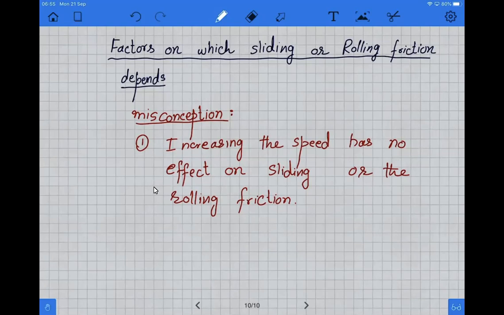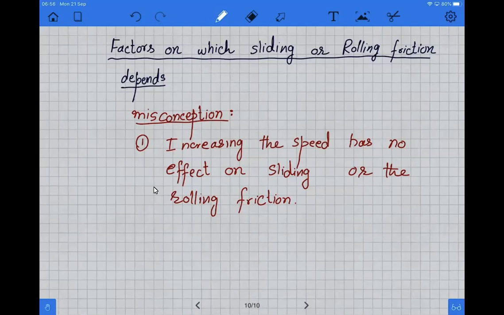That effect of overheating or burning out in the tires is generated because of the high speed that results in more displacement in a given time and hence more power or work, because of which more energy is converted to heat. Frictional work converts energy into heat, and if the speed is more, frictional work will be more and energy will be converted to heat at a faster rate. So this is the first misconception.